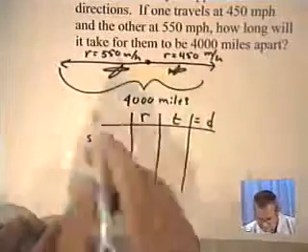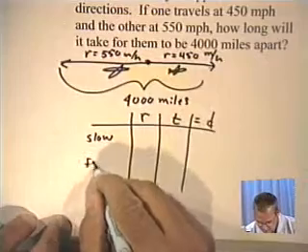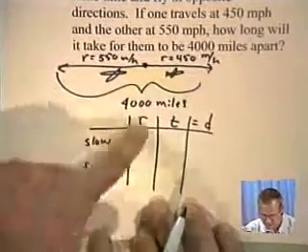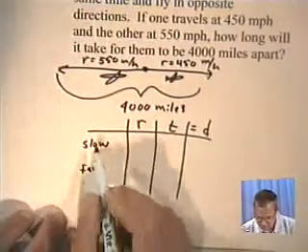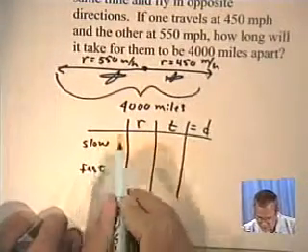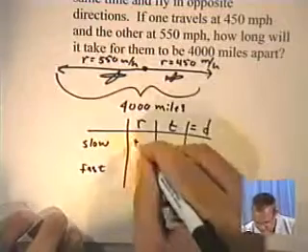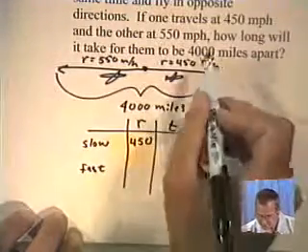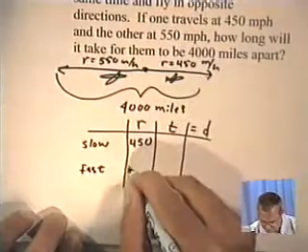So I'll represent this airplane as the fast airplane. Now let's try to fill in our columns. Let's find the rates of each. Well, the slower airplane is going 450. The faster airplane is going 550.